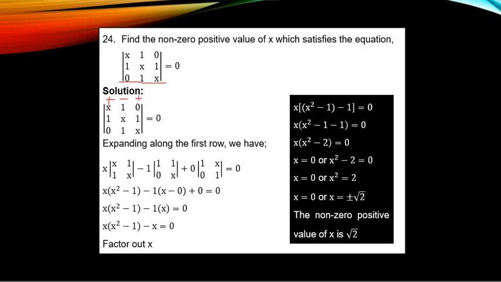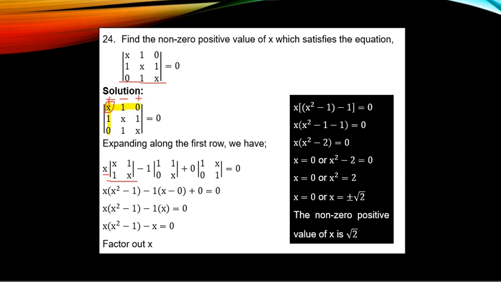So you take s, the first element or entry in the first row, since you want to expand along the first row. That is the s that you have here. After that, you have to cover the element in the first row and first column, so that you are left with a 2 by 2 matrix with 2 rows, s, 1 and 1, s, as you have in this form.